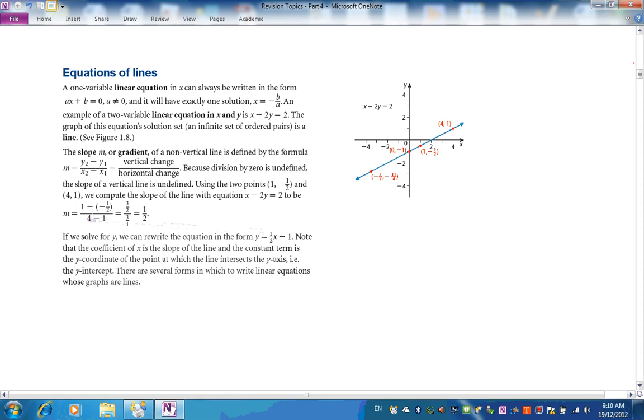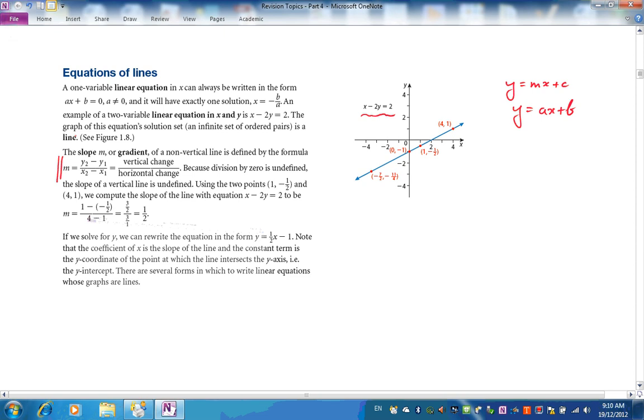And a linear equation, you probably have been given things like y equals mx plus c, or y equals ax plus b, things like that, and sometimes we write it in what's called the general form, that form there, and we have various properties of those lines. And so let's have a look over here. The slope or gradient of a line is the vertical change over the horizontal change, y step over x step.